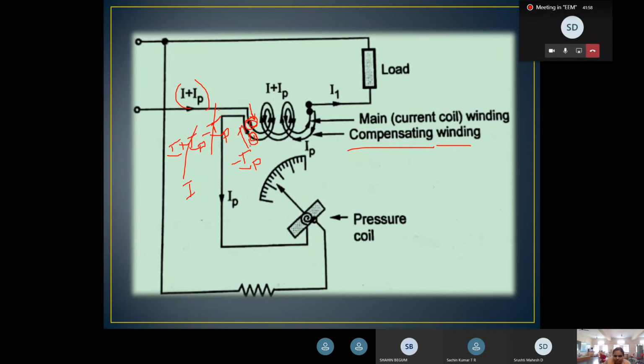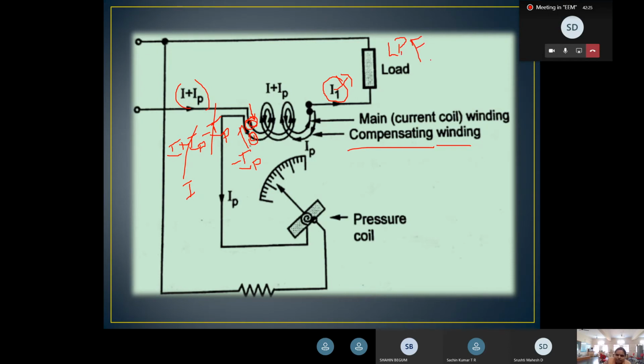For that reason, in the winding the I plus IP and IP currents will be flowing, but observe that after this series connection it changes to I only. Only the load current is flowing, so that it can measure our low power factor.